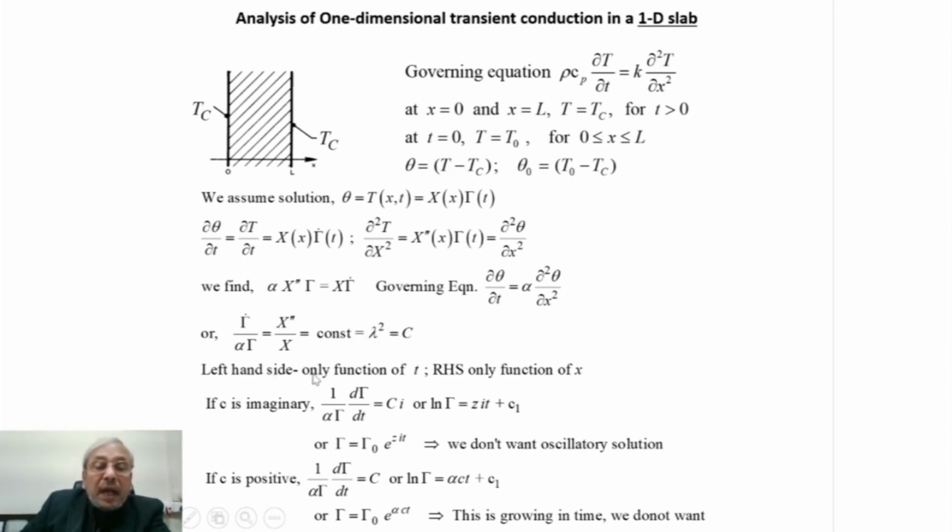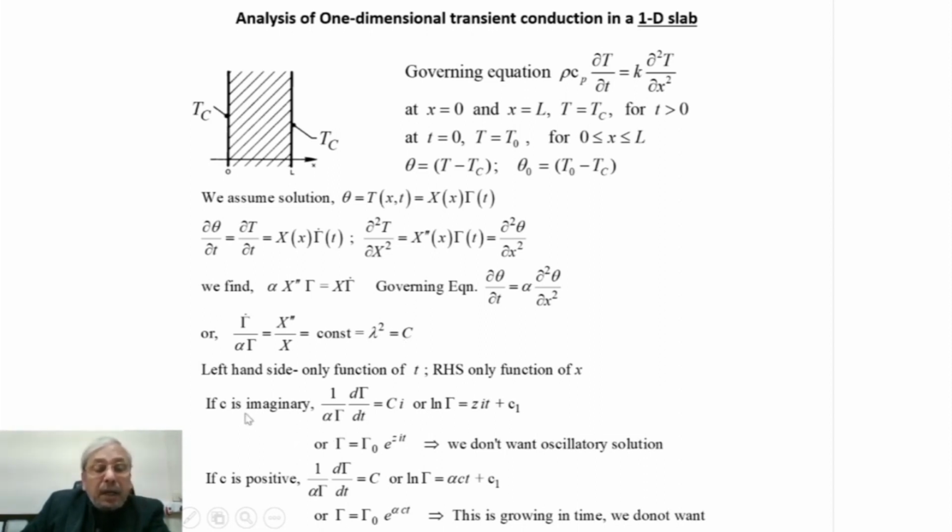Now the left hand side is a function of t only, and the right hand side a function of x, typical properties of separation of variables. Now this C, the separation constant, we do not know whether it will be positive, negative, or even imaginary.